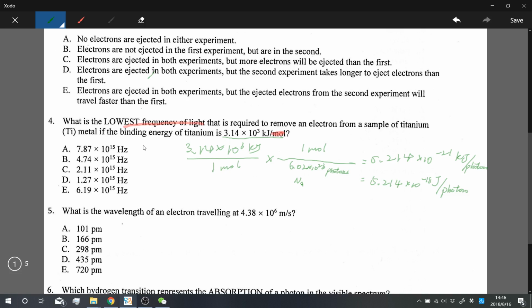If you remember it, it says the energy of the ejected electron for each electron is equal to the energy of the light, which is Planck's constant times the frequency, minus the given binding energy, which is the data over here.